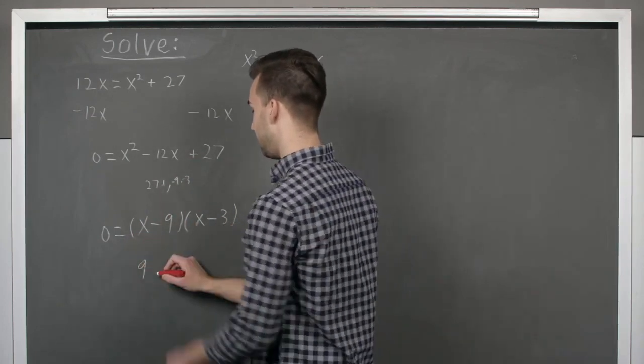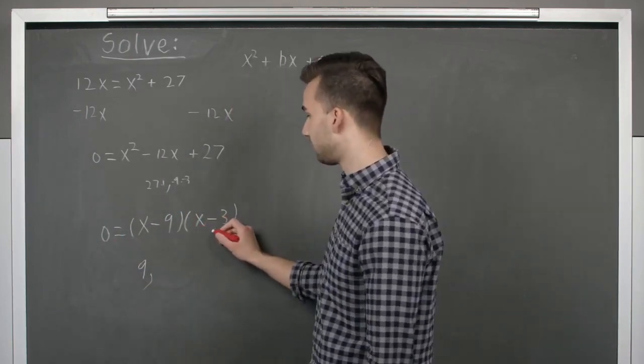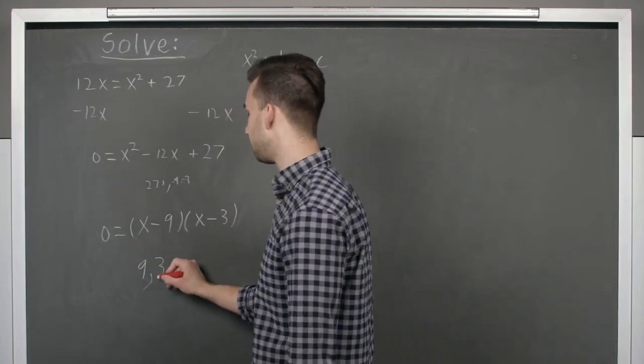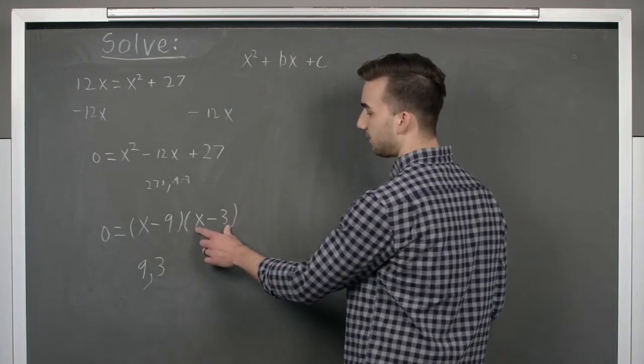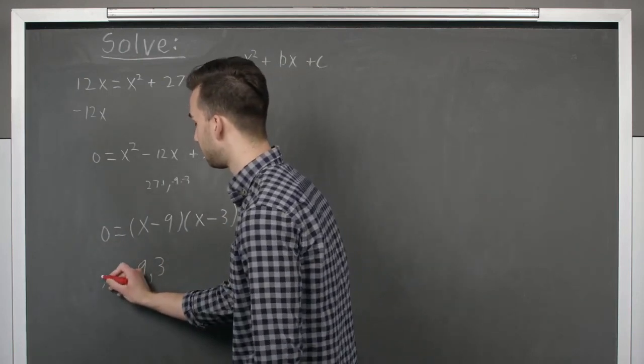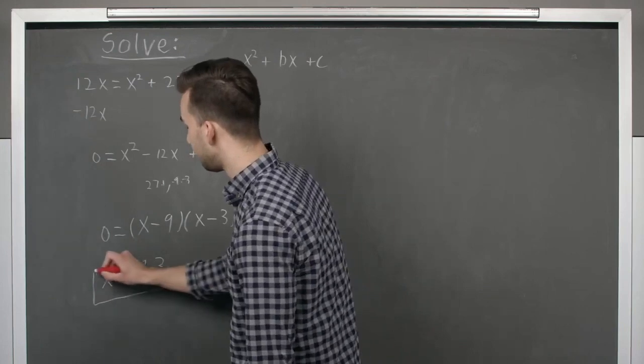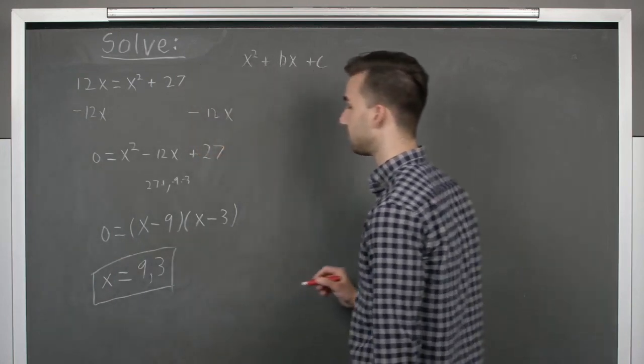So 9 is a solution, and then also 3 is a solution, because same thing, this would equal 0, and then 0 times anything is 0. So our x is equal to 9 and 3. That's our solution for x.